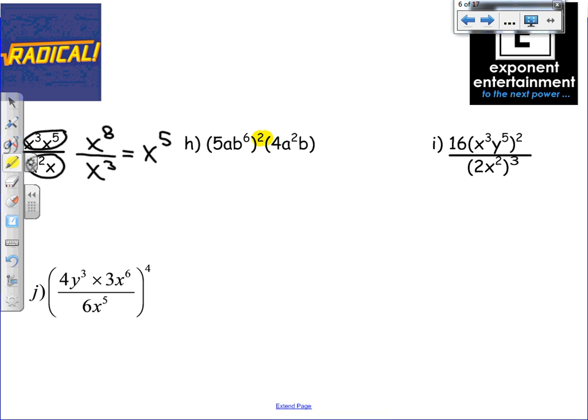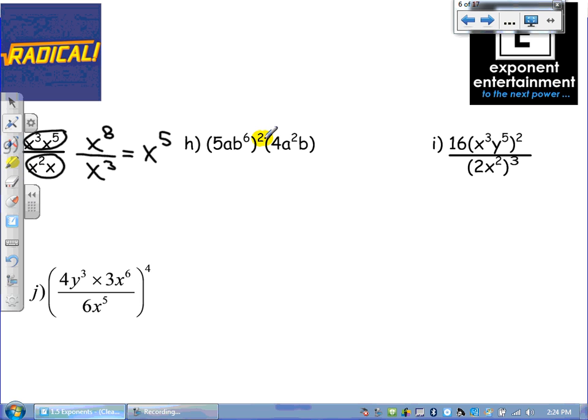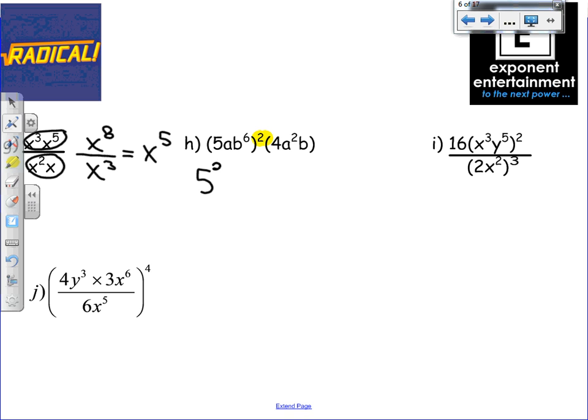Okay. So when you multiply the 2 in, what is it going to give us? 5 to the power of 2. And we're also going to make a b12. It'd be a to the power of 2 and b to the power of 12. So each one of these terms are individual terms. They're not connected.